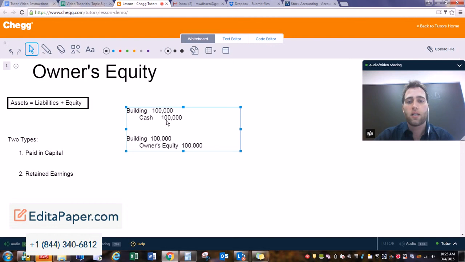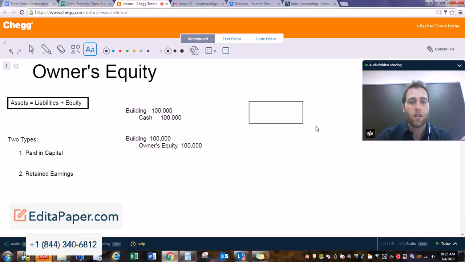So as another example, let's say the company sells its stock, right? So a stock owner buys $10,000 in stock from the company. They pay the company in cash $10,000 for that stock. So we're going to debit cash for the company.